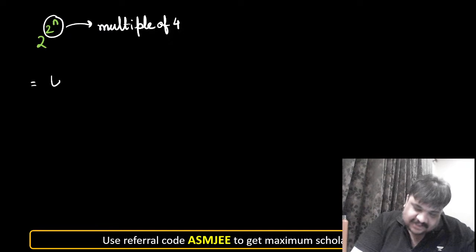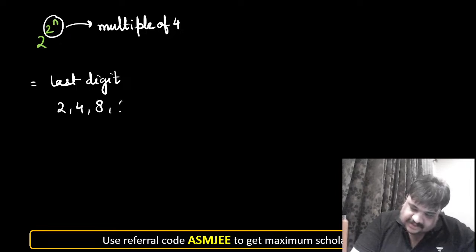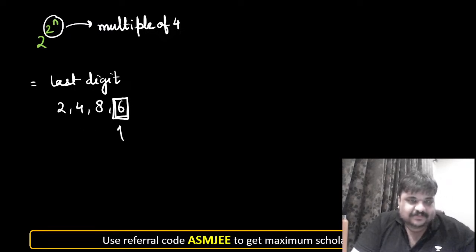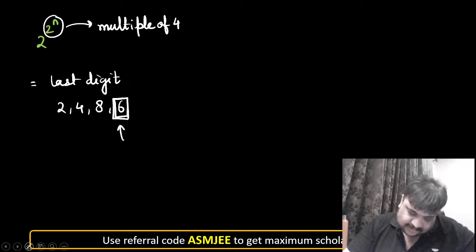So the last digit follows the cycle of 4: 2, 4, 8, 6. So 6 will be the last digit, because this is a multiple of 4. So final answer.